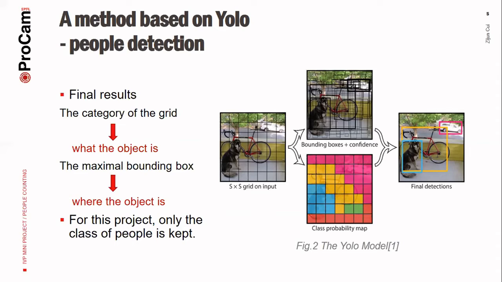The final results are based on these predictions. According to the category of the grid, we can know what the object is, and according to the maximal bounding box, we know where the object is. All in all, YOLO can detect objects of different classes, while in this project, we only want to identify people. So only this class is kept.